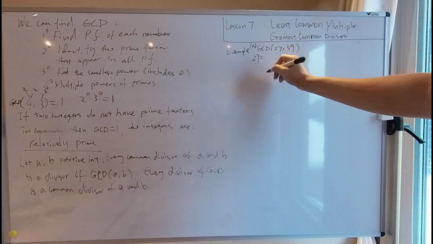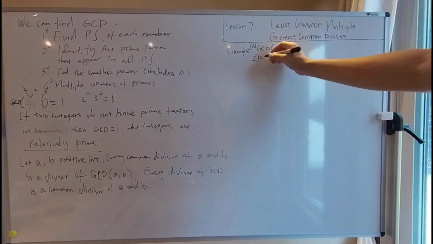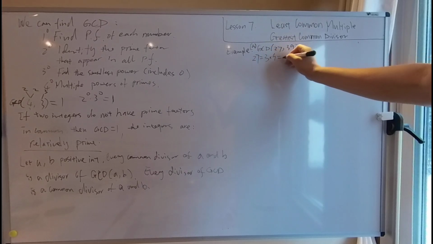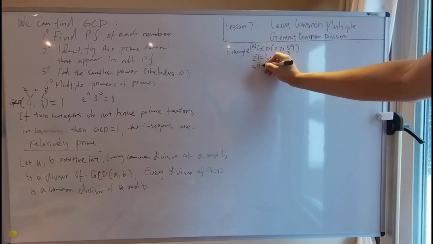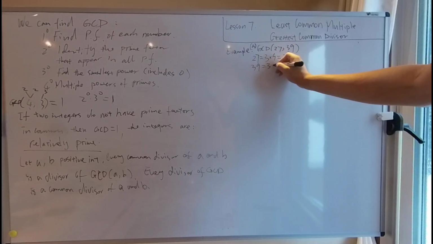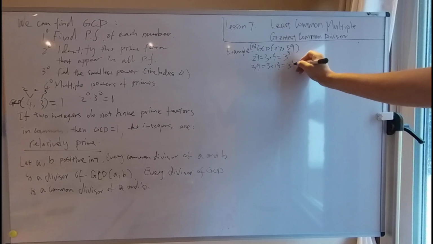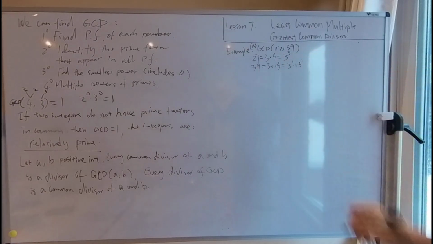Step 1, write the prime factorization. 27 is 3 times 9, it's actually 3 cubed. 39 is 3 times 13, and there's no further factors. So it's 3 times 13.